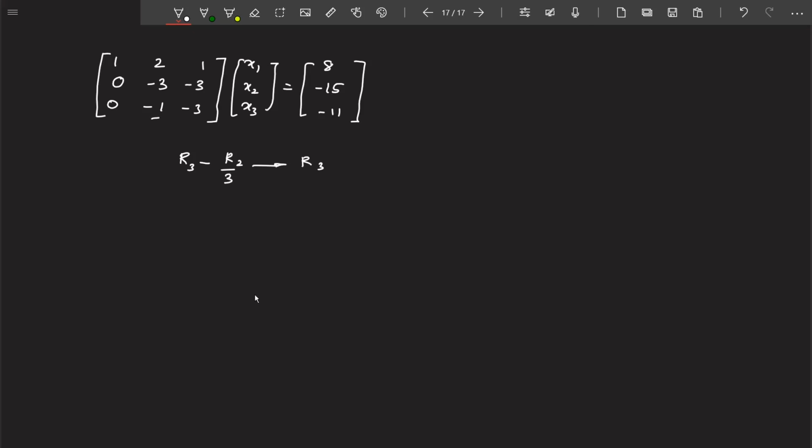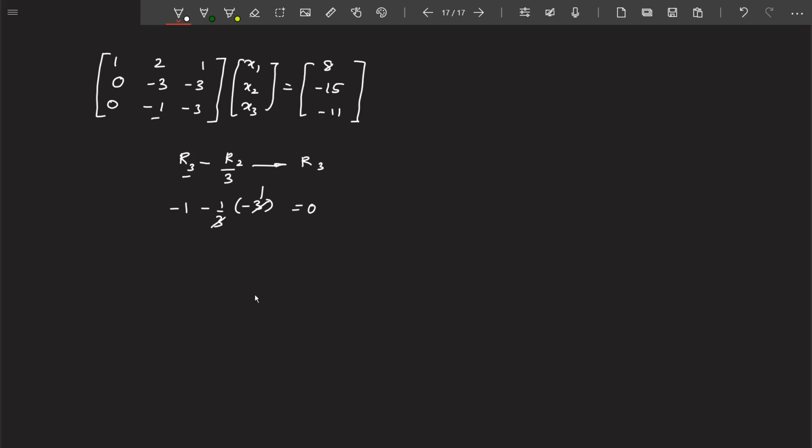Let us talk about this element. R3 is minus 1 by 3. What is R2? Minus 3, so 3 over 3 comes out to be 1. Minus of minus becomes plus. Minus 1 plus 1 comes out to be 0.